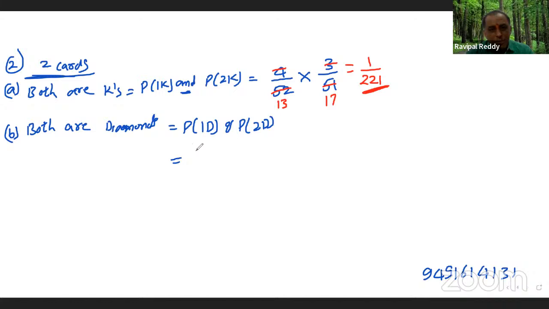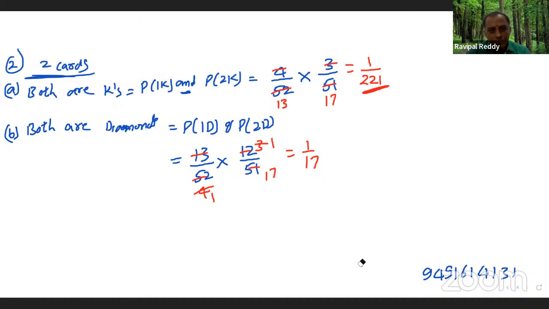First card diamond, how many diamond cards are there? 13 diamond cards are there. 13 by 52 into, now we take one diamond card. Remaining, how many diamond cards are there? 12. 12 by, remaining how many cards are there? 51. Now cancel the numbers. 13 ones 13, 13 fours 52. 4 ones 4, 4 threes 12, 3 ones 3, 3 17s 51. So your answer is 1 by 17.